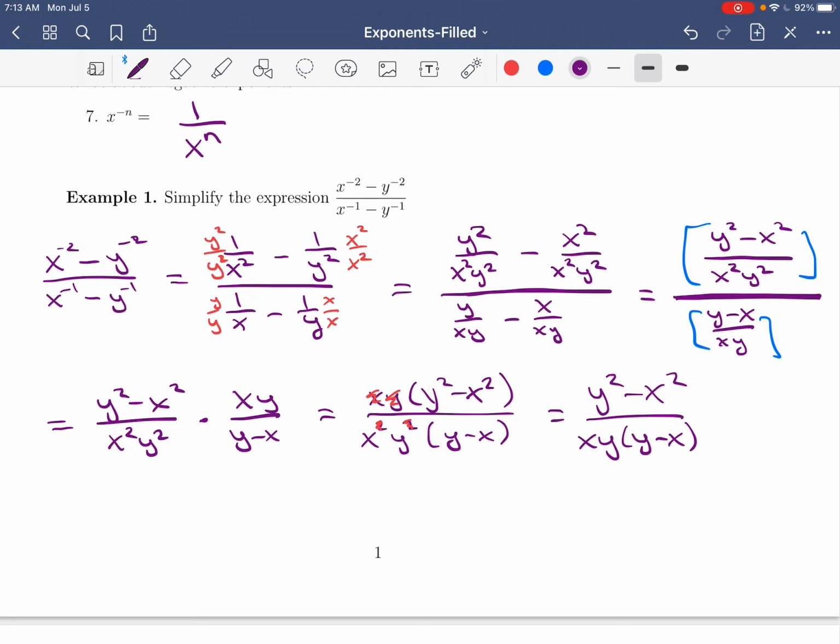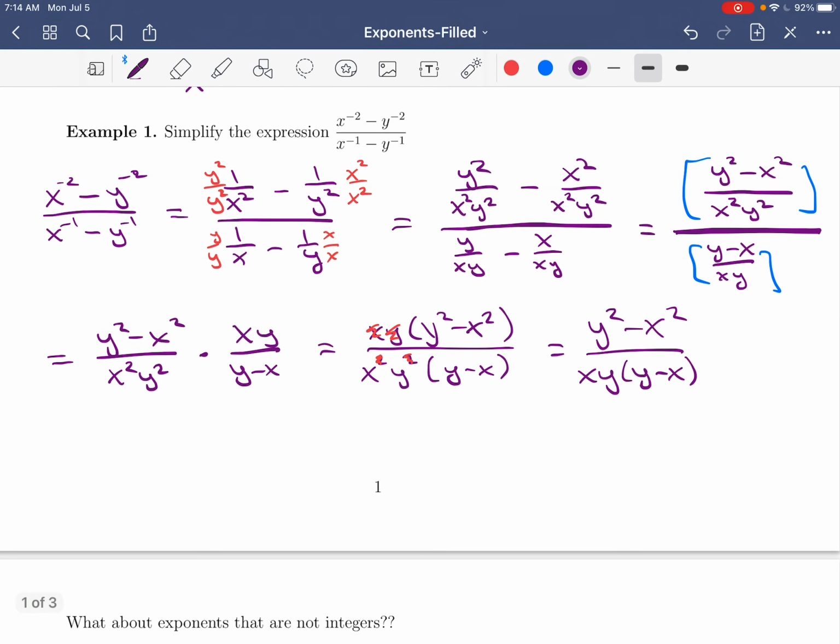Okay, now in fact I can simplify this more, but we haven't actually talked about factoring yet. But it's review, so you should know how to factor this top guy. So it's a difference of squares. So I have a square minus a square. Anytime I have that, and we're going to see this in a later video, a squared minus b squared, you can always factor as a plus b times a minus b.